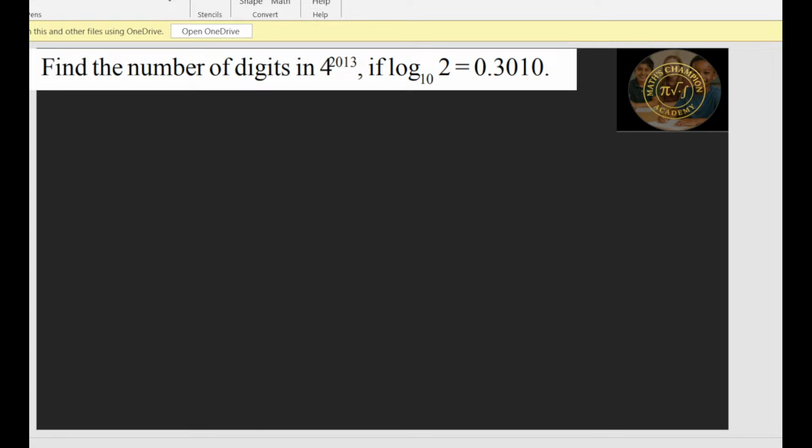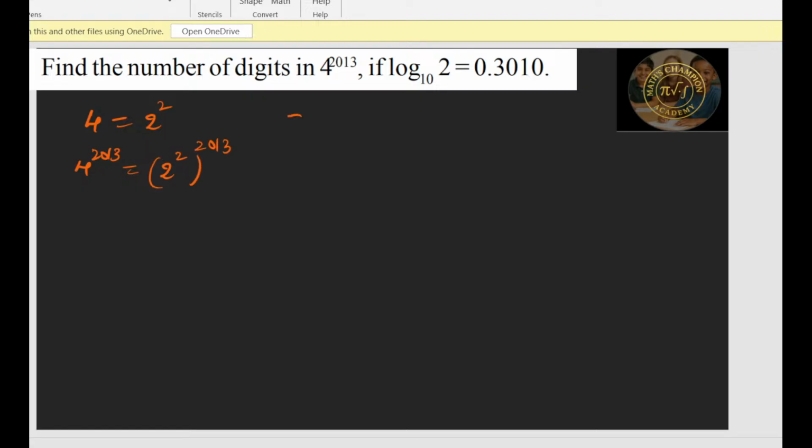I hope you are understanding. Now look at here, it is also very simple. 4 we can write as 2 square. So 4 power 2013 means 2 power 2 whole power 2013.